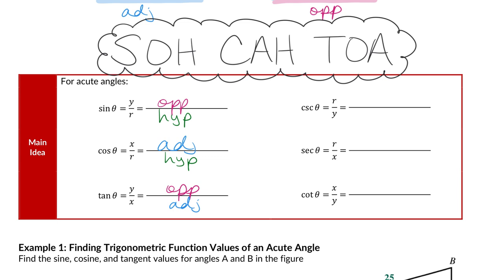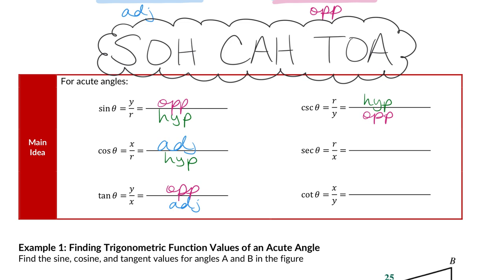So we have these definitions that are now putting our definitions not in coordinate points and a radius, but as sides of a right triangle. If we know SOHCAHTOA, we can then find all of the reciprocal values, which means that cosecant would now be defined to be the hypotenuse over the opposite. That is just the reciprocal of sine.